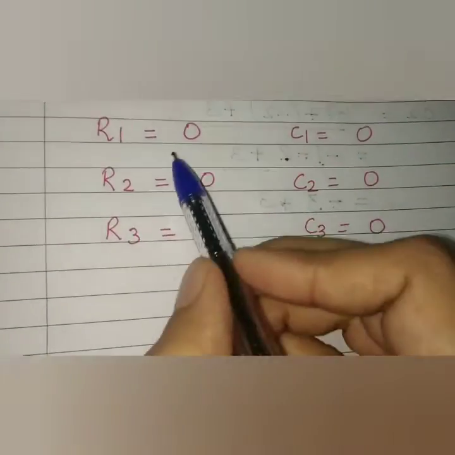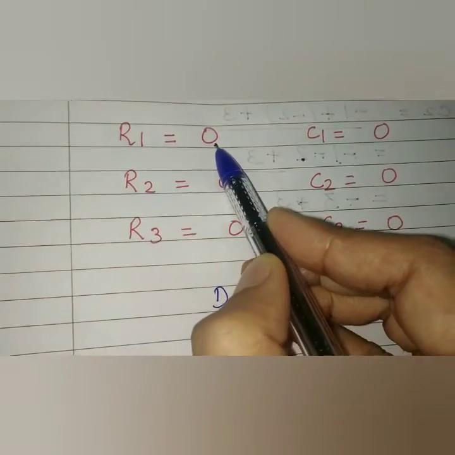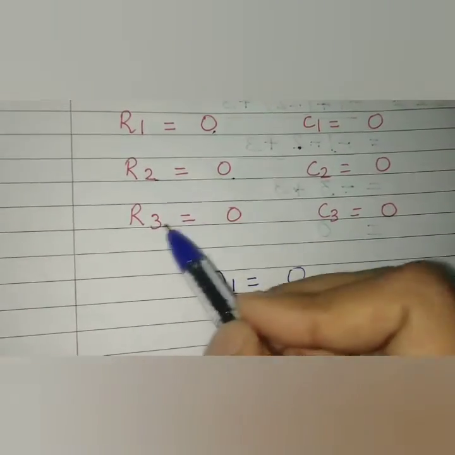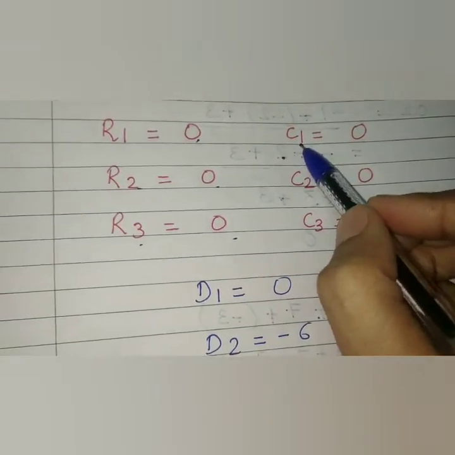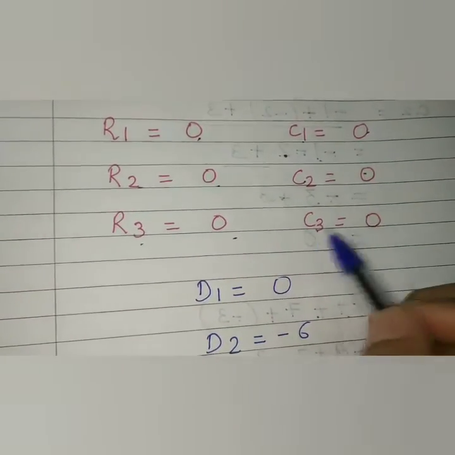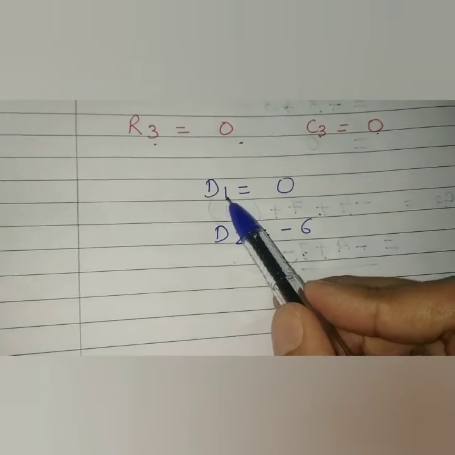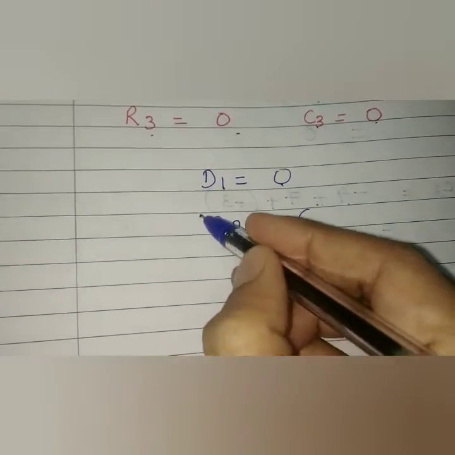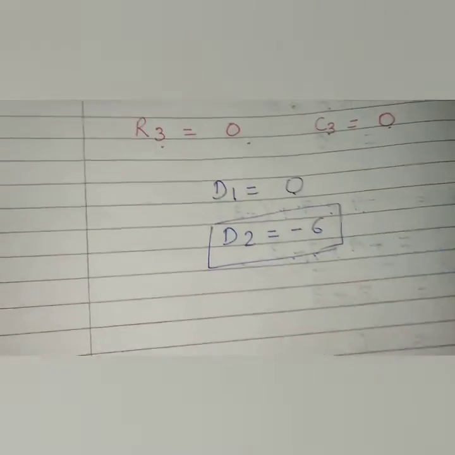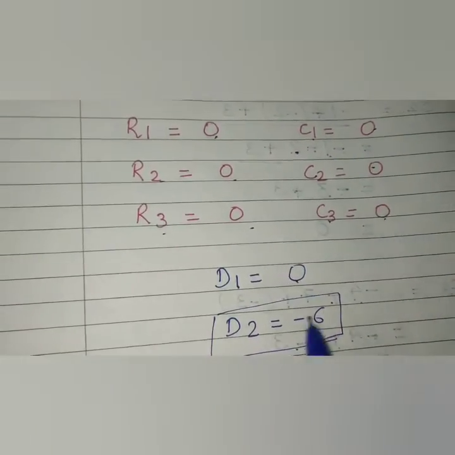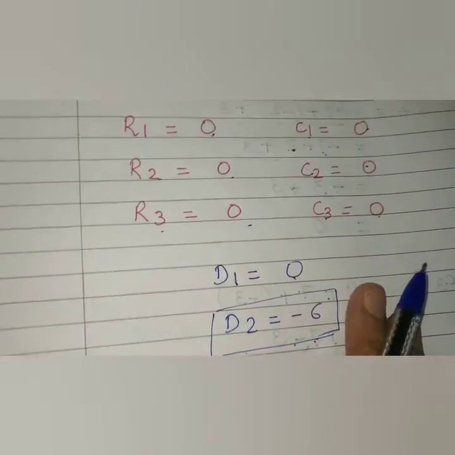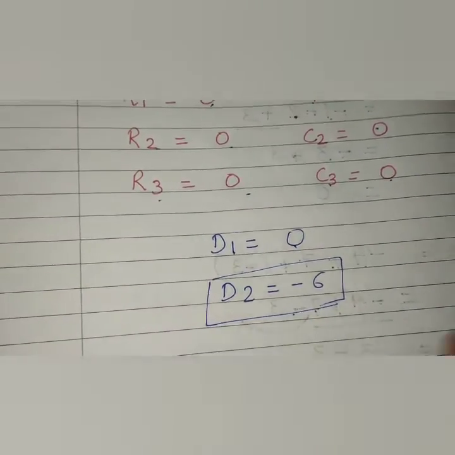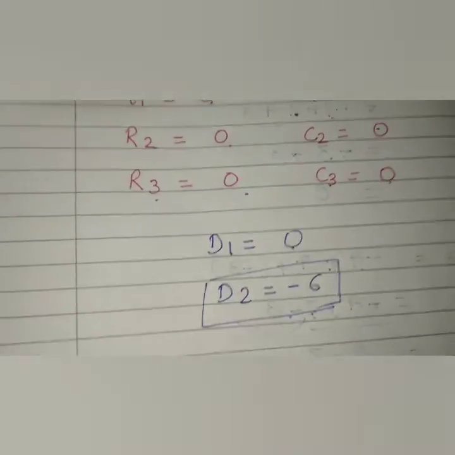Now as you can see, the answer of R1 was 0, R2 was 0, R3 was 0, C1 was 0, C2 was 0, C3 was 0, D1 was also 0, but since D2 is equal to minus 6, all these are 0 except D2, so it is not a magic square.